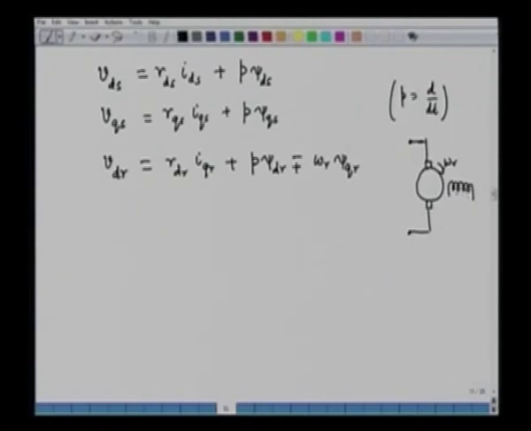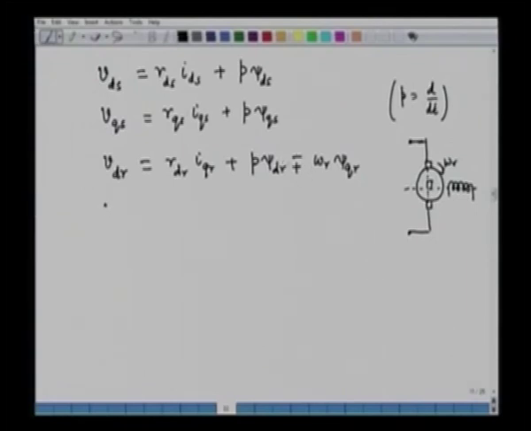The field winding and the armature winding are orthogonal to each other, in the sense that the field axis here and the armature brush axis are orthogonal to each other, and hence the induced EMF in the Q axis rotor is due to the D axis stator. The same thing appears here: the voltage equation in the d axis rotor will have a rotationally induced EMF due to the q axis flux. However, we will find out the polarity of the rotationally induced EMF a little later.